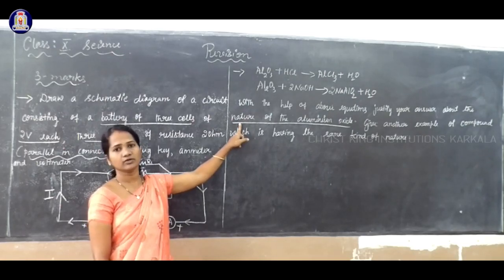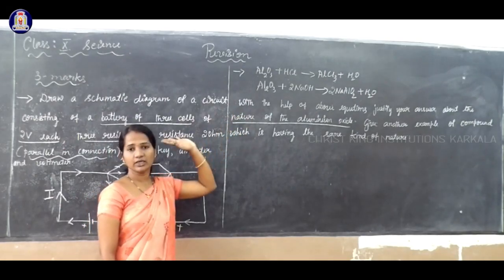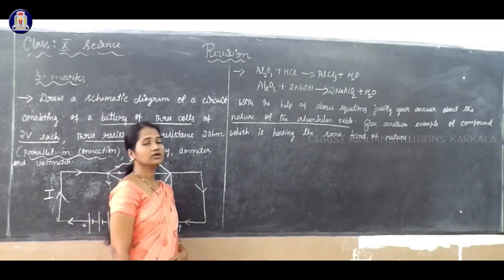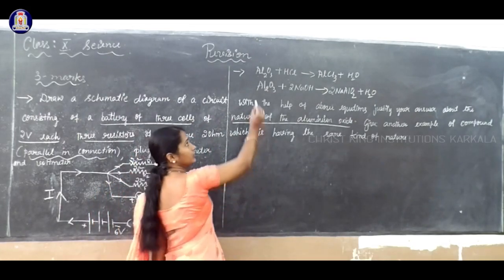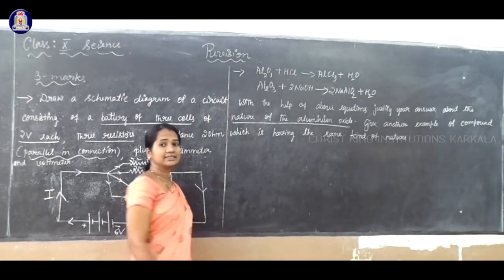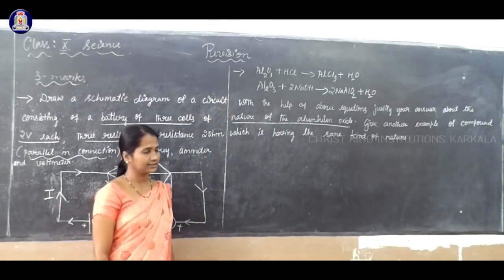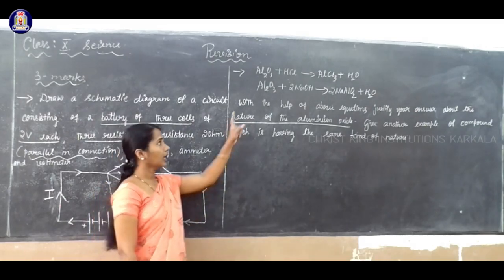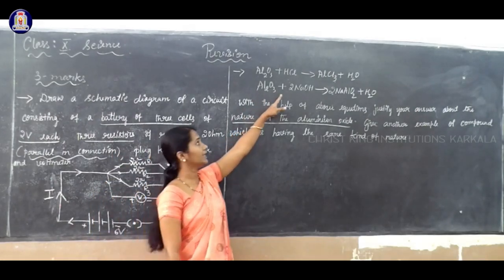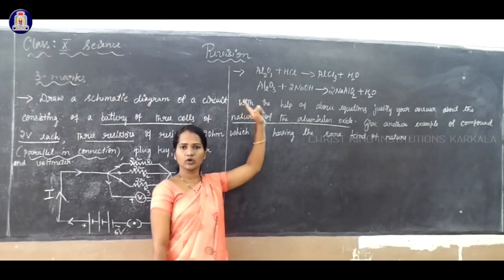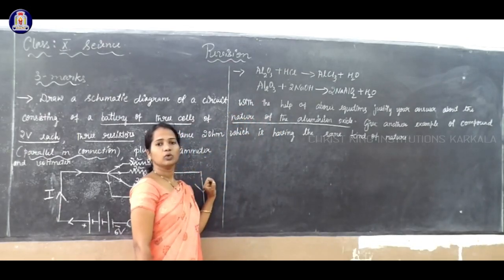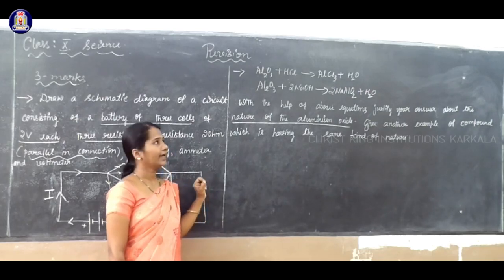For writing that you will get 1 mark, justification 1 mark, one more example 1 mark. So what is the nature of aluminium oxide? Aluminium oxide reacts with HCl, hydrochloric acid, to give aluminium chloride and water. Aluminium oxide reacts with NaOH, sodium hydroxide, which is a base, to give NaAlO2, sodium aluminate, and water.